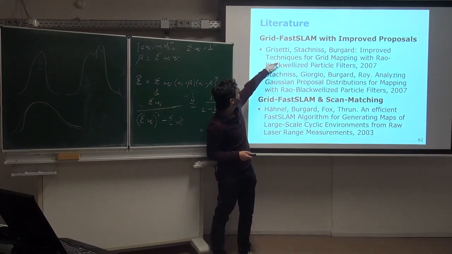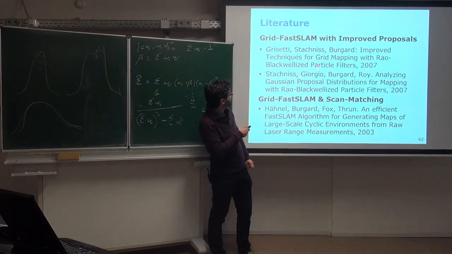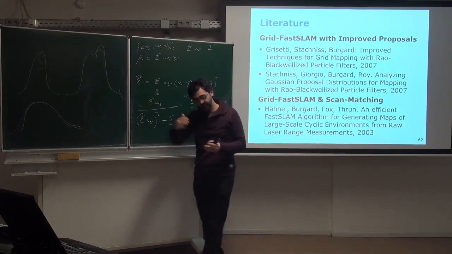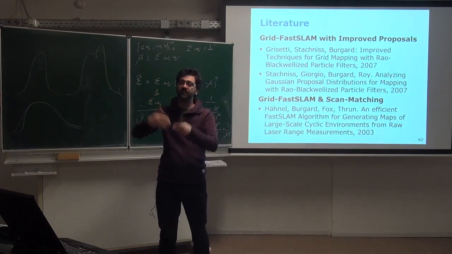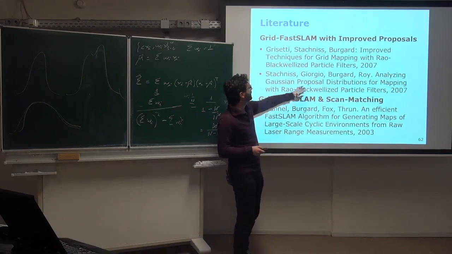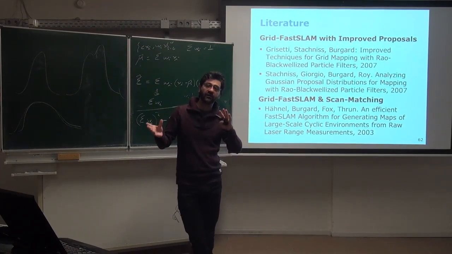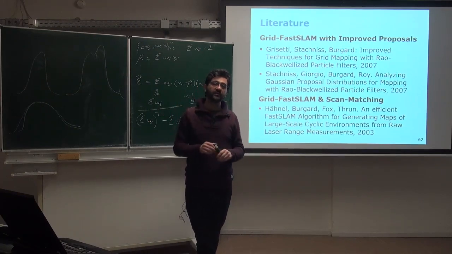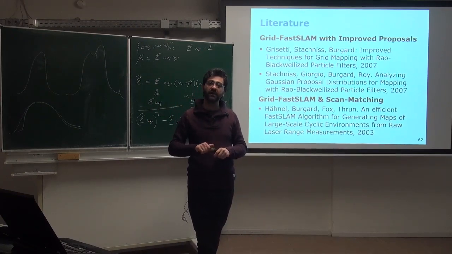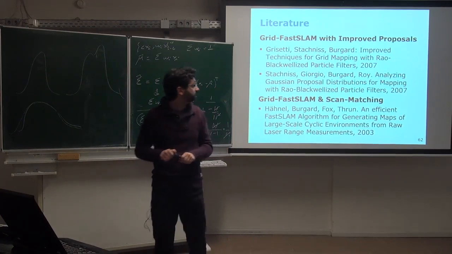This one is the paper that describes this improved proposal and the selective resampling step. And this last one is the one that describes and analyzes the effect of this unimodal proposal distribution on the final estimate. Okay?